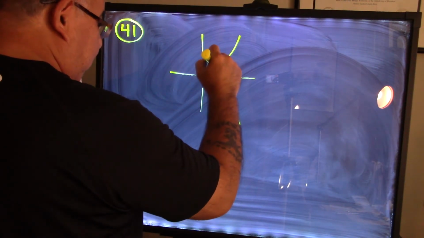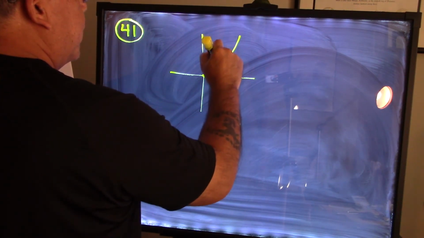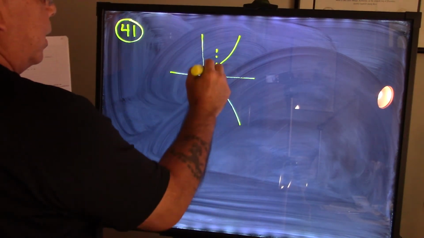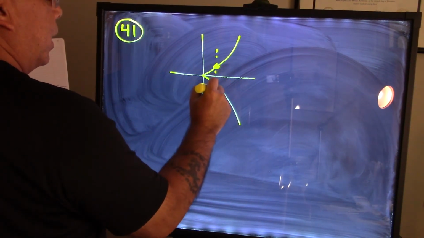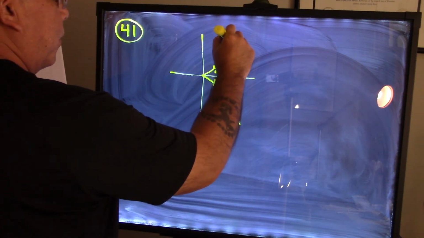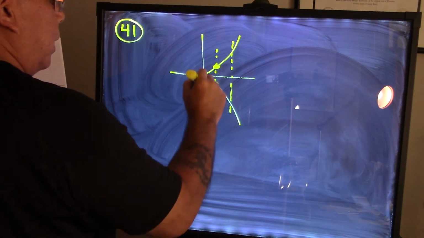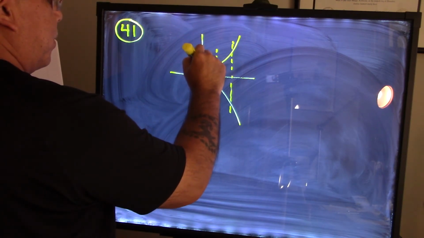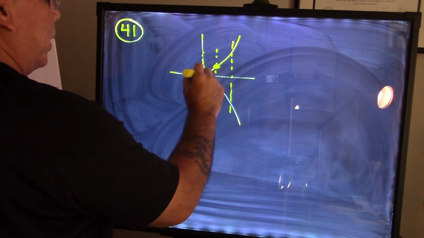And if you do the vertical line test, you'll see that the line will hit more than one time. You could do it over here. If you do it right at the vertex, right along the y-axis, it'll only hit once.